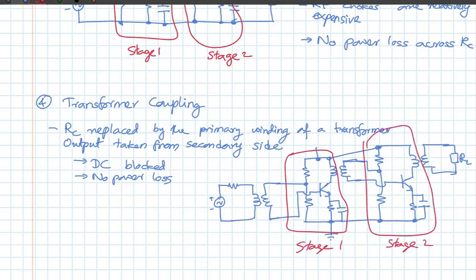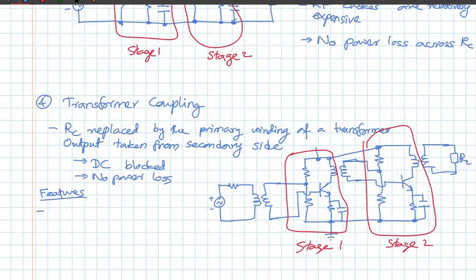So what are some features? At low frequencies the required size and cost of transformers increase, because the lower the frequency, the bigger the transformer. At high frequencies you can have small transformers, but at low frequencies you cannot, so we normally don't use this at low frequencies. We use it for frequencies higher than several megahertz. That means it is used only in high frequency applications.